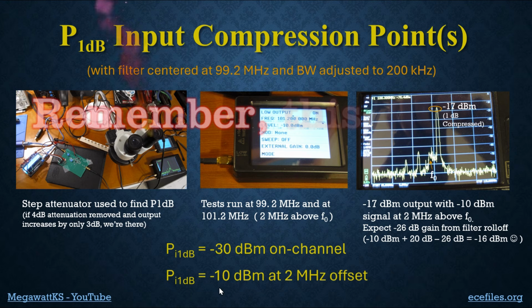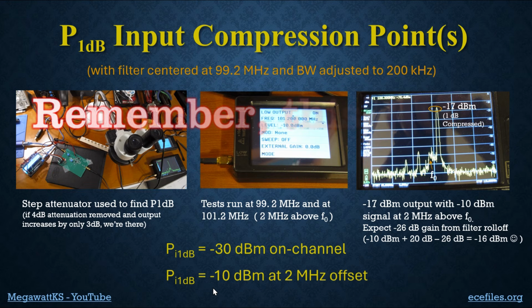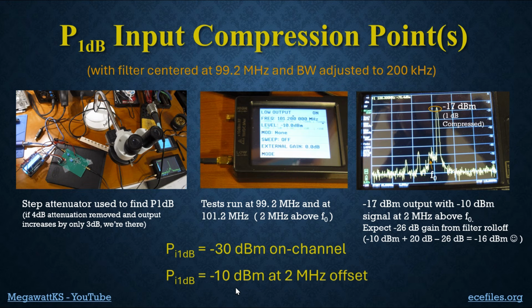And more importantly, minus 10 dBm is pretty darn good. That means our third order intercept intermodulation point would be about plus 5 dBm, and that's at the input. So at the output, it'd be like plus 25 dBm. And that's all running on, what do we say, 11 milliamps?